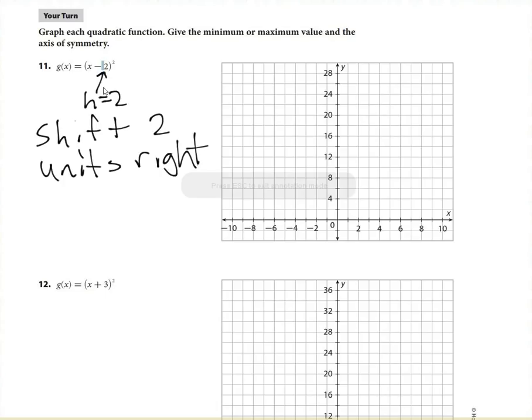But you've got to be careful, because the formula is x minus h squared, so the minus is already built into the formula, so h is actually then going to be the 2. Okay? Alright, and so then we could graph that based on shifting everything from the parent function over 2 units. What is h in problem number 12? Well, h is now a negative 3, so that's going to shift the graph 3 units to the left.